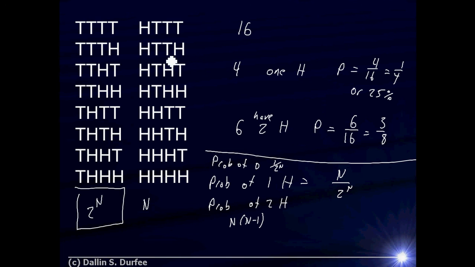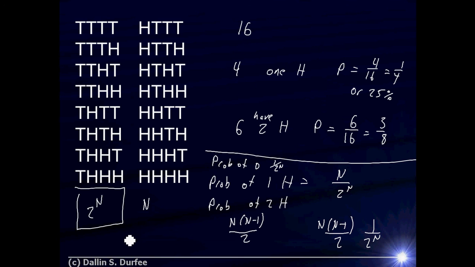Those are 2 different ways of choosing, but they give me the same microstate. So I overcount by a factor of 2 because I could choose them in any order. So there are this many microstates that have 2 heads, and the probability would just be this divided by 2 to the nth.